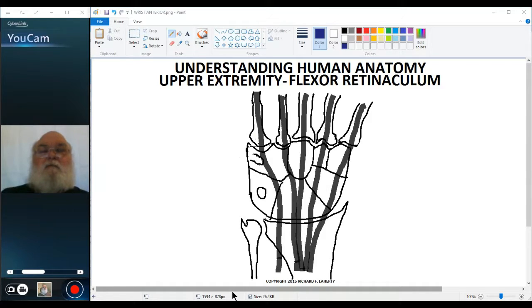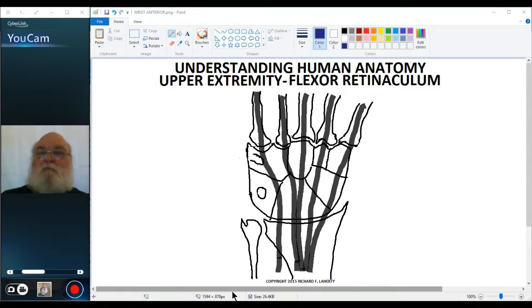Now this slide shows an anterior view of the distal end of the radius and ulna, the carpal bones, and the metacarpal bones. And I've sketched in flexor tendons. These would be the tendons of flexor digitorum profundus and flexor digitorum superficialis, kind of combined together.